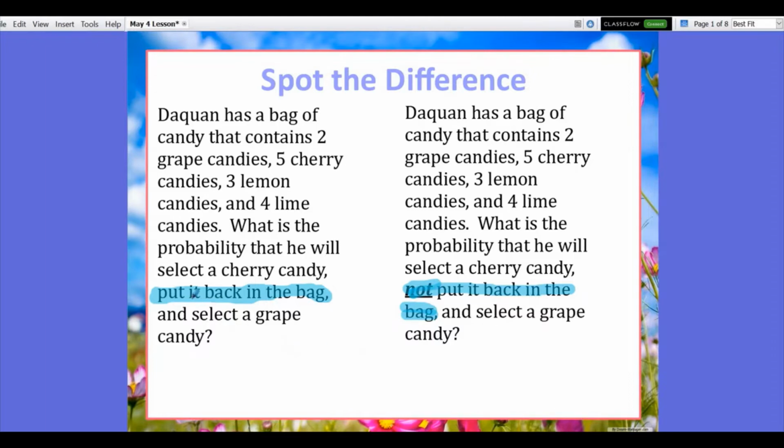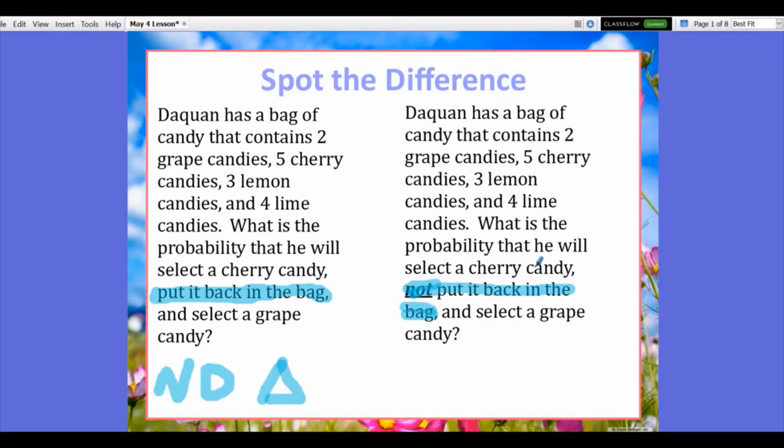So basically I want you to think about this. When he puts that candy that he picks back in the bag, nothing has changed. Everything stays the same because he's putting back exactly what he took out. Now I'm going to say no change, and I'm going to use a symbol. It's a triangle. The triangle means change. Okay? Now, over here, everything was exactly the same.